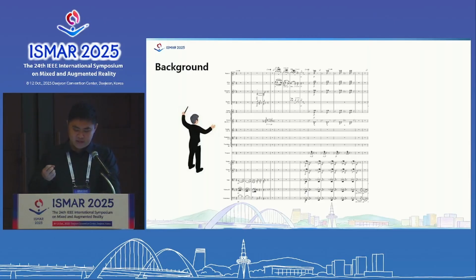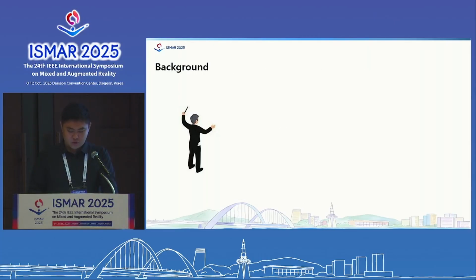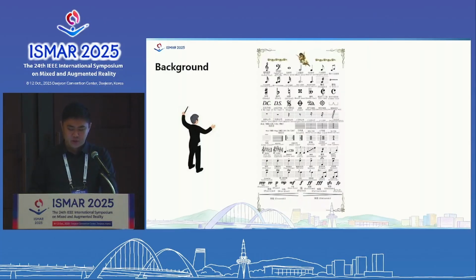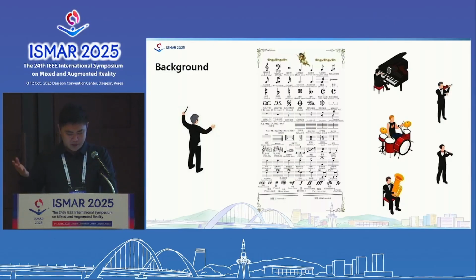They read and understand the whole score, and then convert the information from the score to orchestra members through their rich body language. Every note on the score carries specific information, such as duration and sound. The orchestra members should interpret the score and play, ensuring cohesion and harmony through the conductor's gestures.